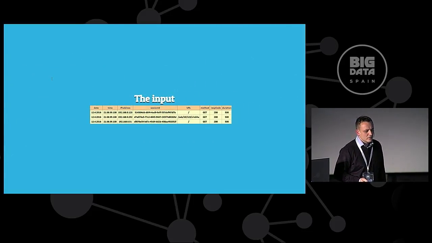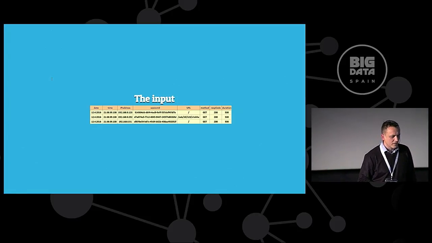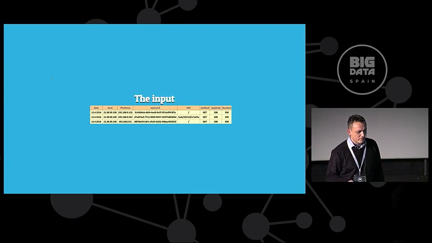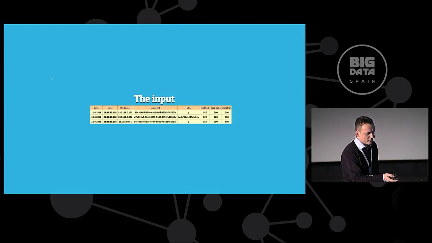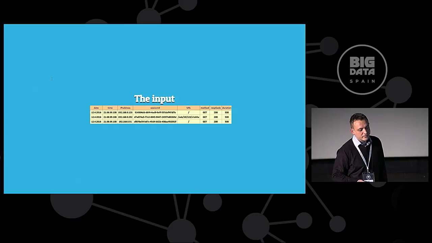So the input looks something like this. It's a typical input that you would have in a web log. That's date, time, IP address. Session ID is usually not found in weblogs, but I put it in to show some things. There's a URL, the method used, get, post, and so on, response code, and duration.